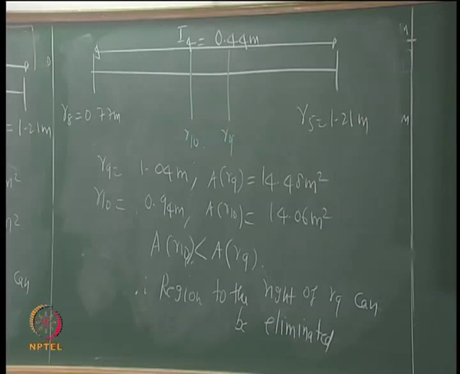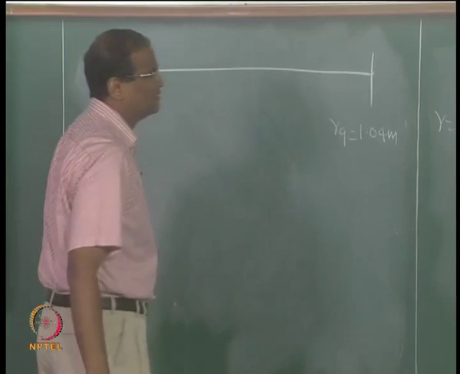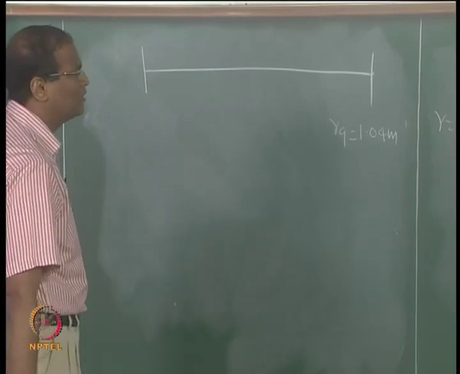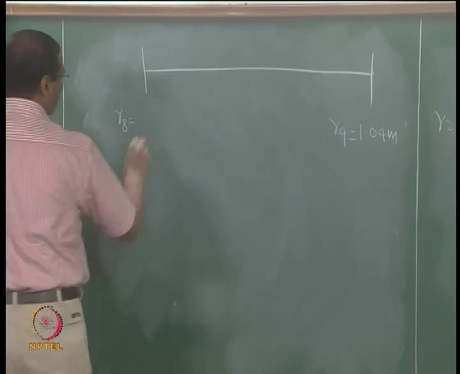R9 is what? The region to the right of R9, no? R9 is what is it? R8, 0.77 is it?